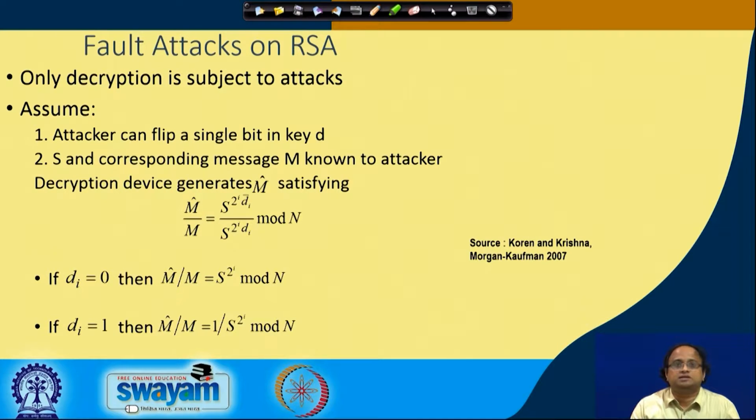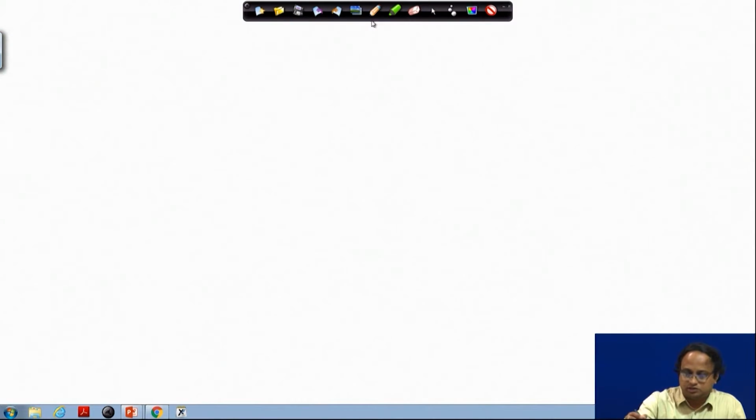So imagine that the cipher that is obtained by encrypting a message M using RSA is, say, S. Okay, that means I am doing a simple encryption using RSA, and it works as follows.